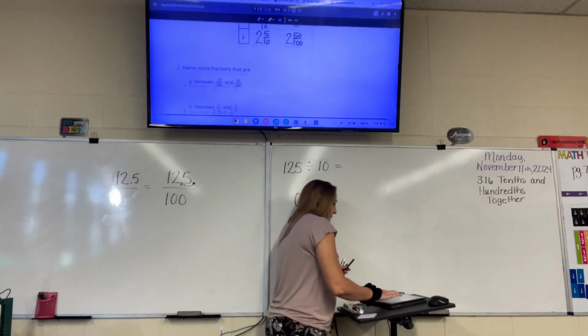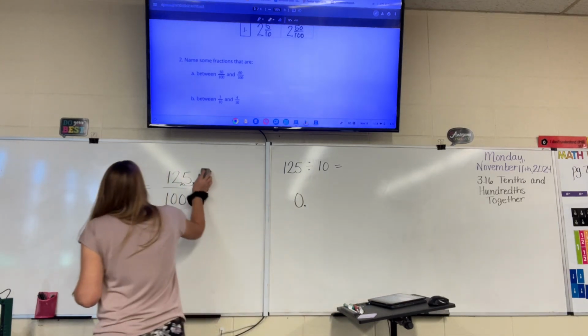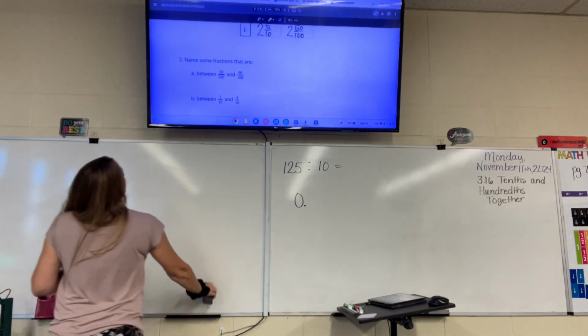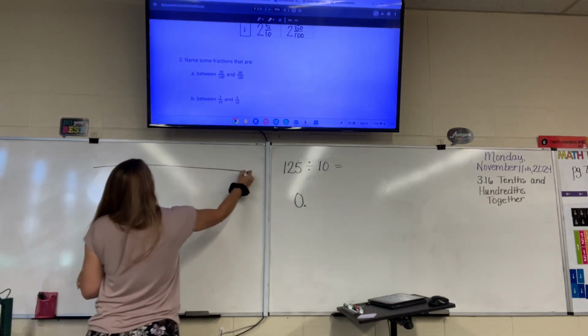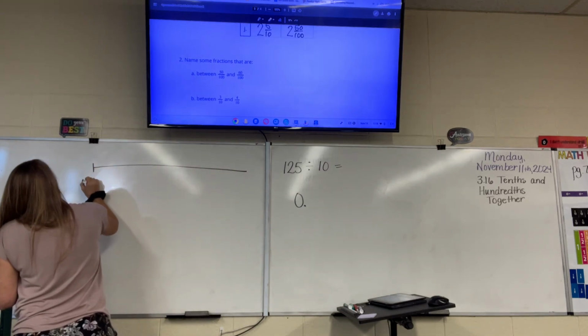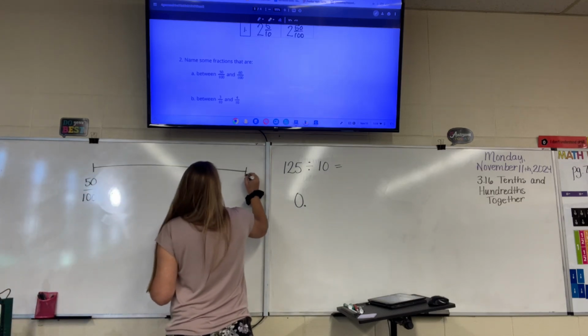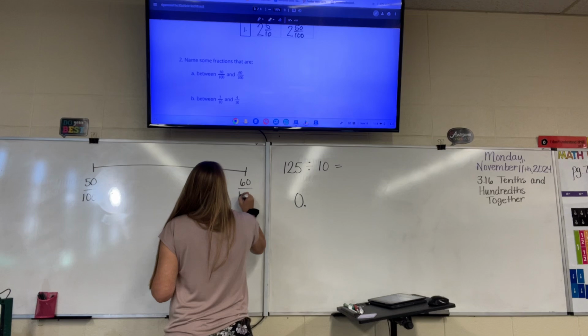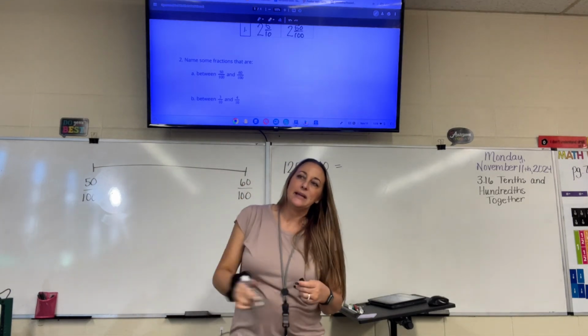Okay. Now, the next one says, name some fractions that are between 50 hundredths and 60 hundredths. So if you have a number line and that's 50 hundredths and this is 60 hundredths, what are some fractions that might be in between?